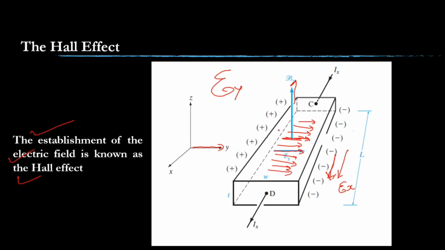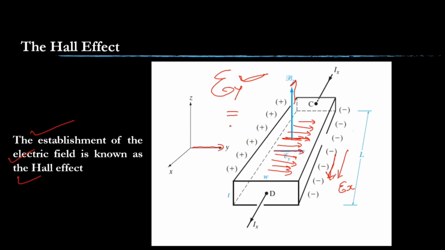Then the force acting on the holes in minus y direction because of the Lorentz force, and the force experienced on the holes because of this electric field, are going to be equal at some point of time.